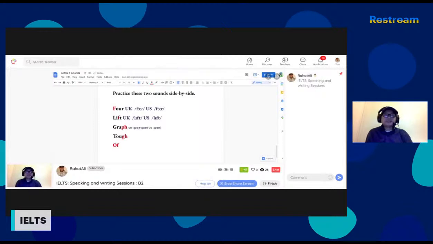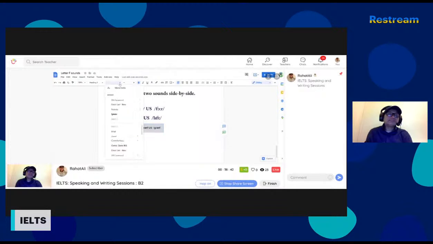In British IPA, it is graph, but Americans say it graph. But in Britain, they also say graph as well, but that's a very rare case. Most of the times we say graph, R sound, rather than A sound.